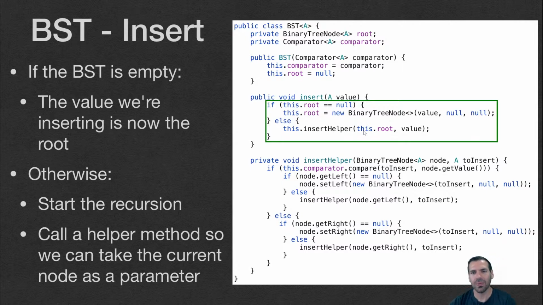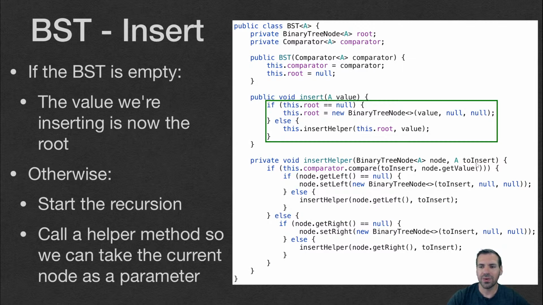If the tree already exists, then we're going to set up our recursion. We're going to have our helper method because I don't just want to know the value that I'm inserting. If I recursively call insert, it's not going to help me. I'm not going to be able to progress as I go down the recursion. I want to also know which node I'm currently considering for insertion.